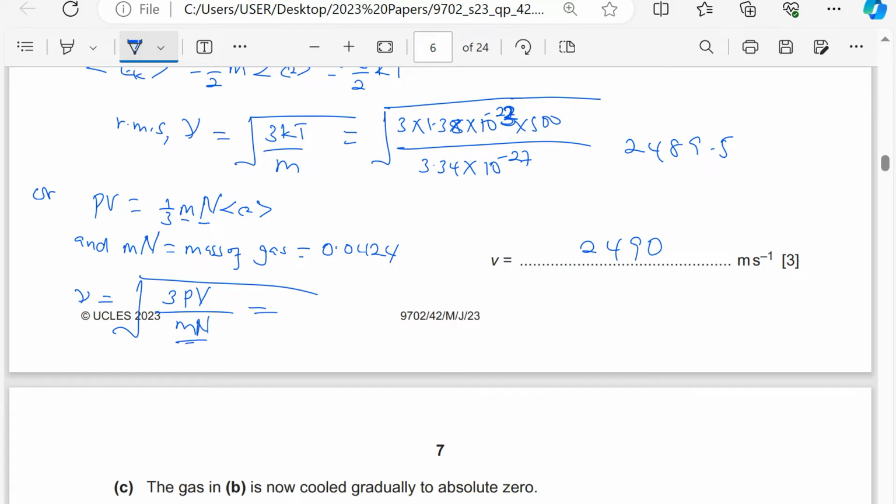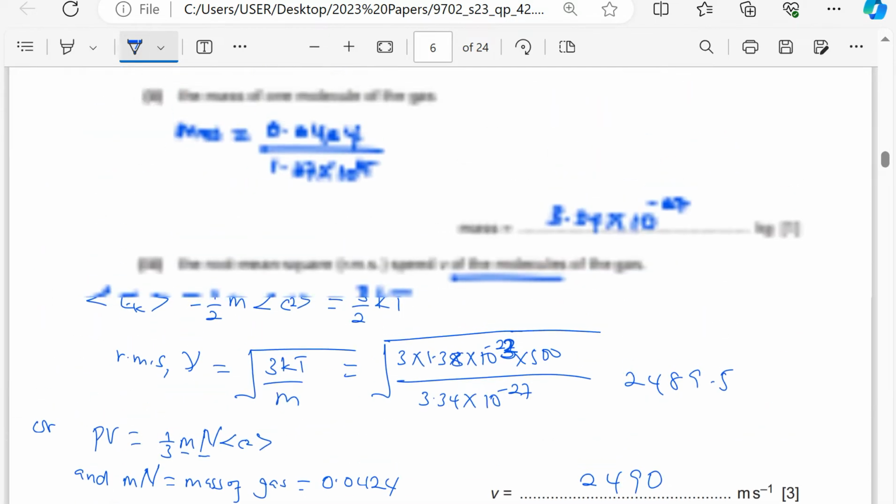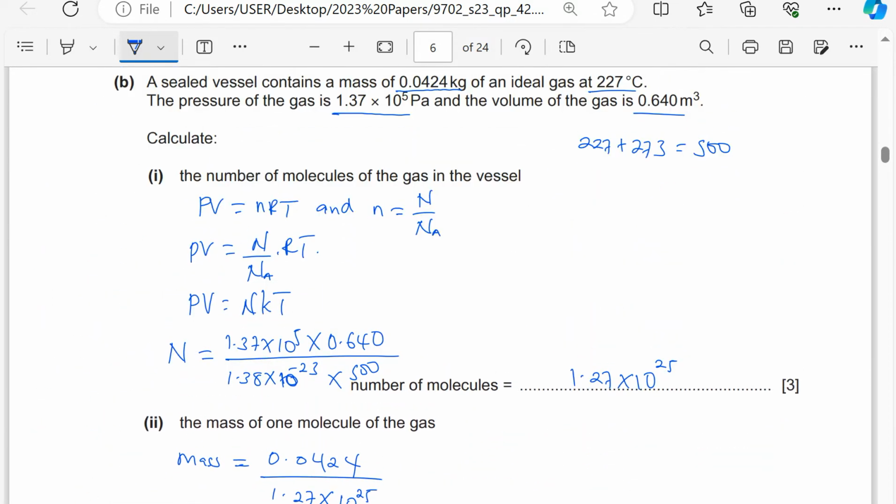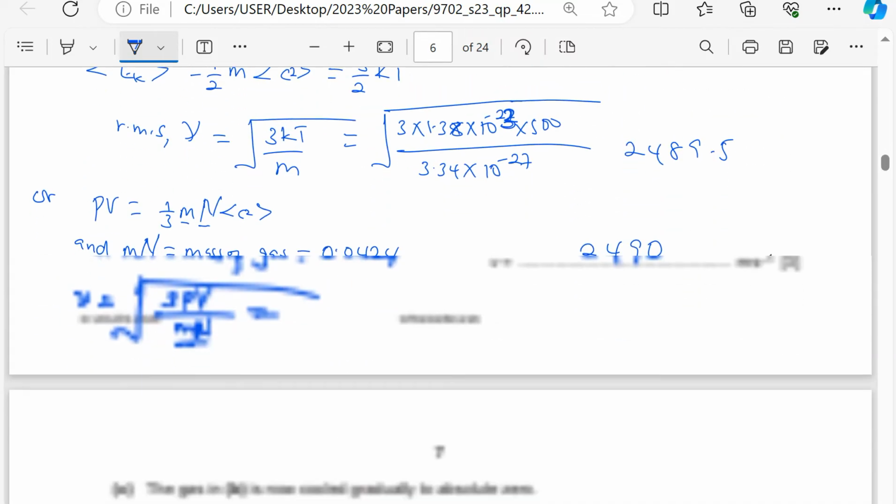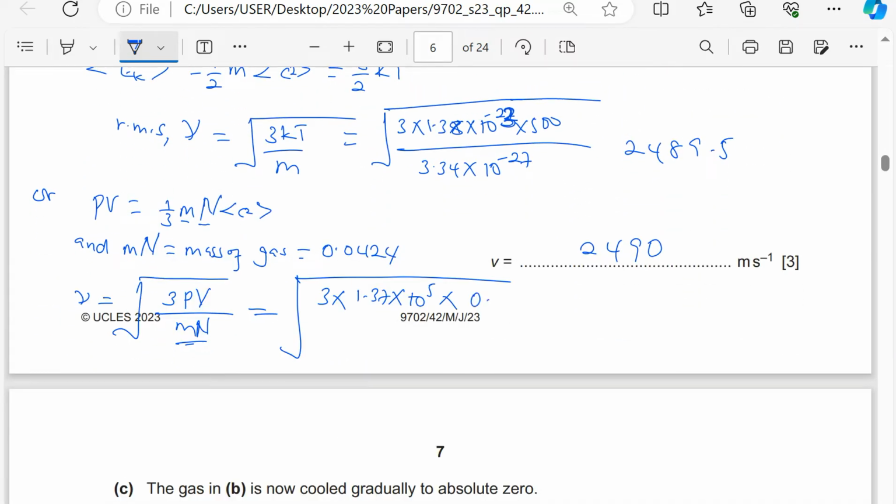So this is the square root of 3 times the pressure, 1.37 times 10 to the power of 5, times the volume, 0.640, divided by the total mass, 0.0424.